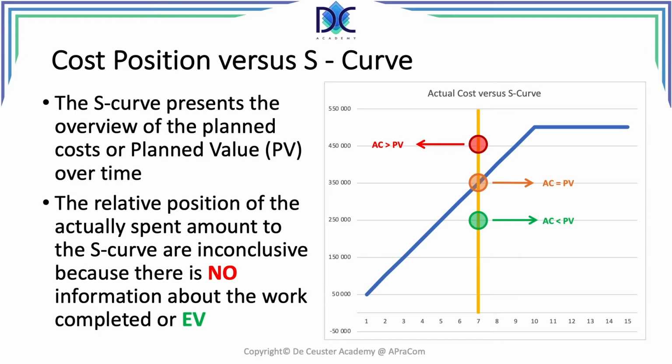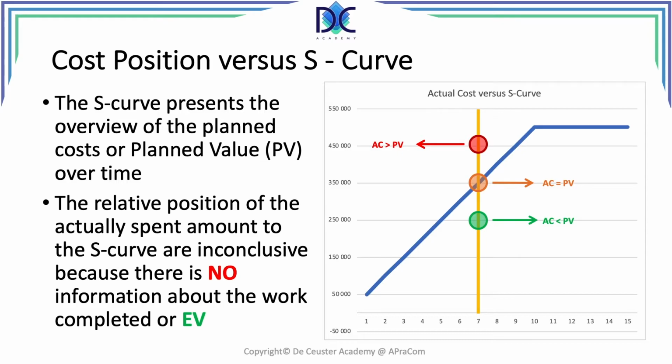When the actual cost is equal to the planned value, it just tells us that we spent the amount of money that we planned when we defined the project. The red dot says that we have an actual cost which is higher than the planned value. We cannot say anything about these three cost positions.